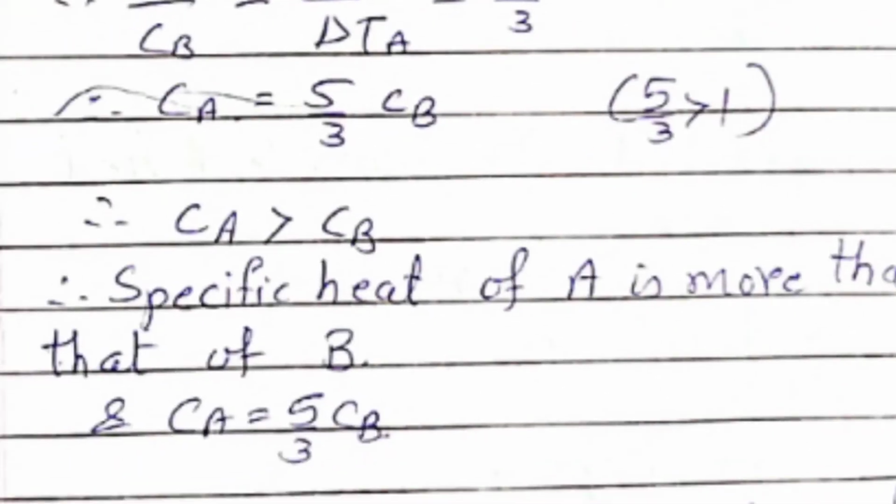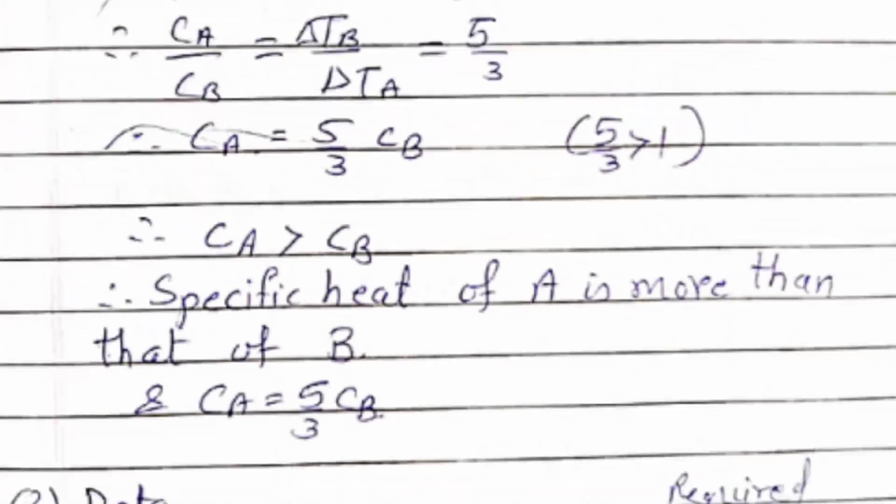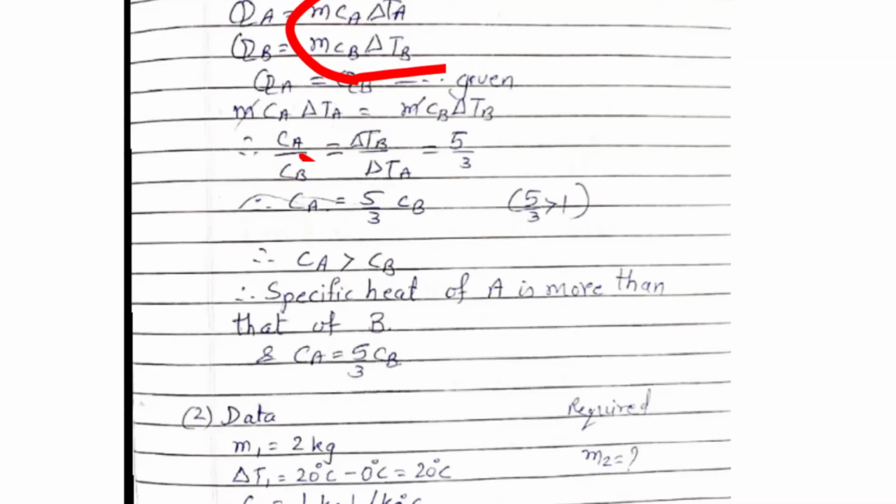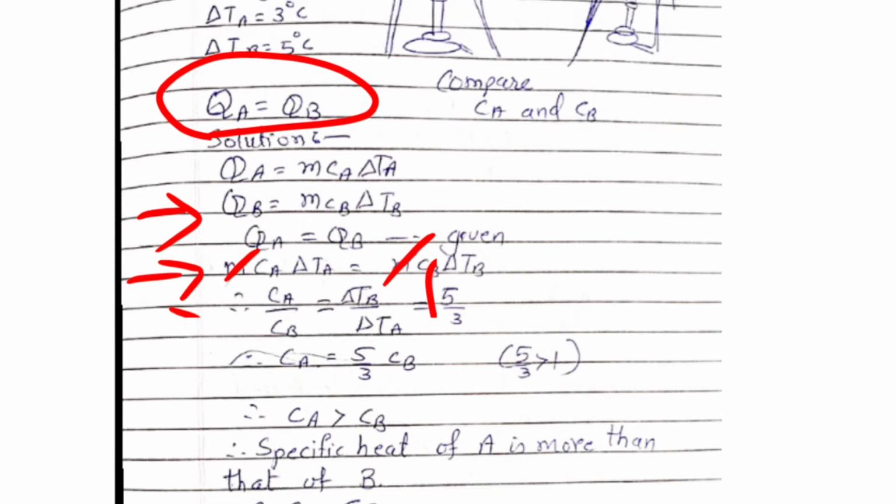So what is the answer? The specific heat of A is more than B, and by the factor that Ca is 5 upon 3 Cb. Got it? Is that clear?